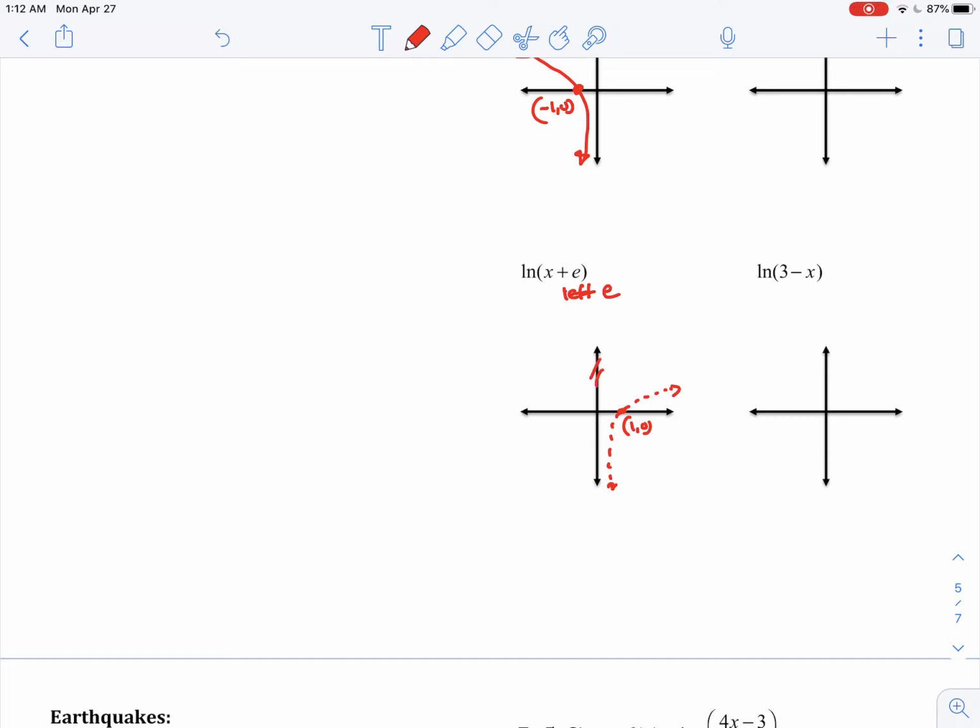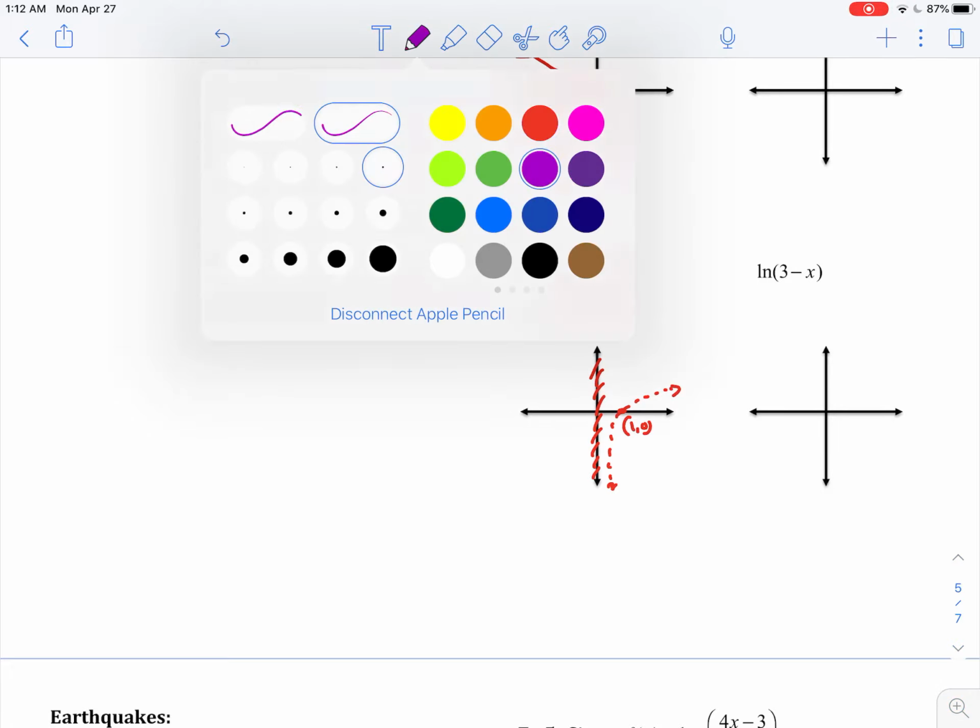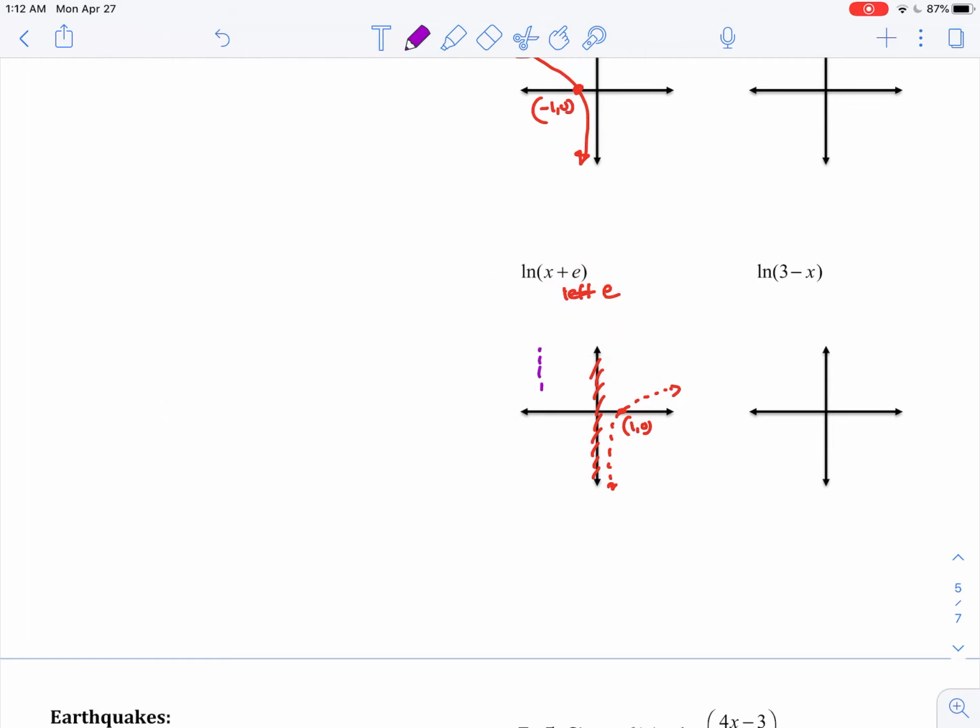If we shift everything left 2.7 units, that also means our vertical asymptote is going to shift 2.7, or e units, to the left. So now we're going to have a new vertical asymptote over here at x equals negative e. We were at x equals 0, and now we're going left e units. We were at the point (1, 0).